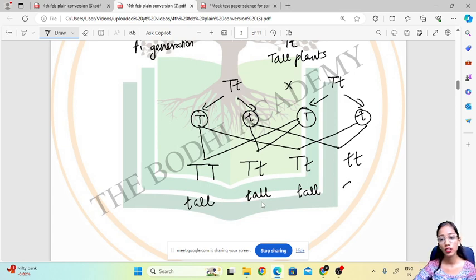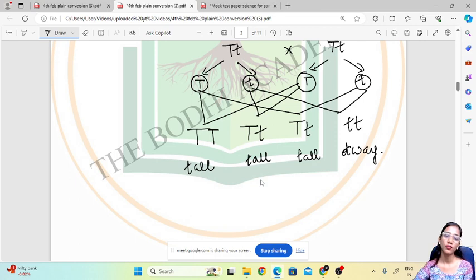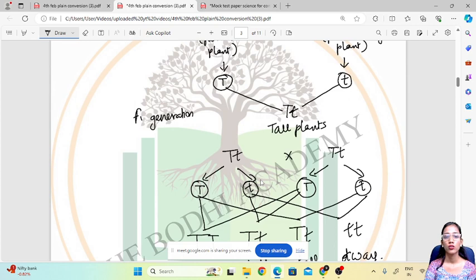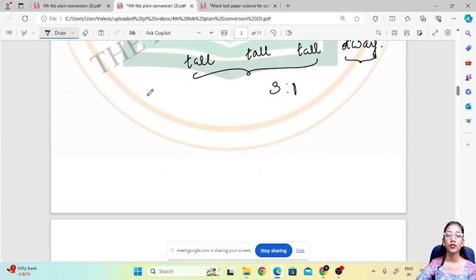This is the dwarf plant. Okay. So for this we have 3 tall and 1 dwarf. So the ratio of tall to dwarf is 3:1. This is the ratio.